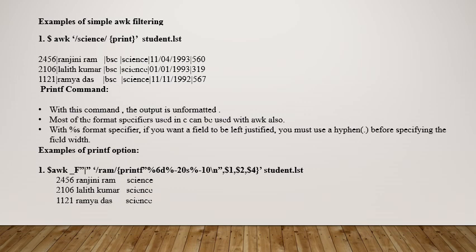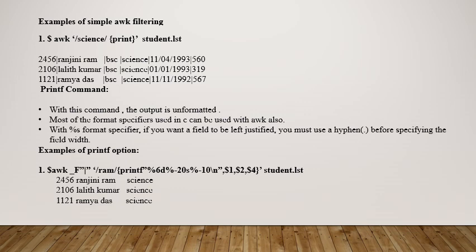These are the format specifiers we use in the C language, and similarly we can use them here. If you want the output left justified, you must use a hyphen before specifying a field width. So these are the features of the printf command.